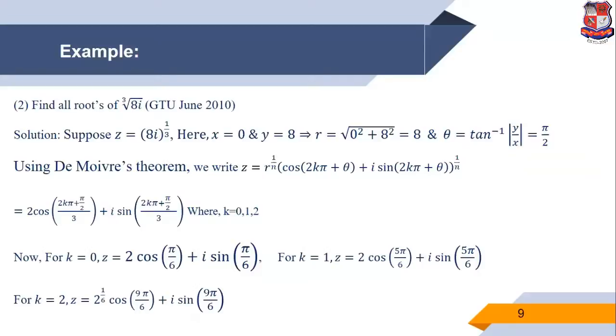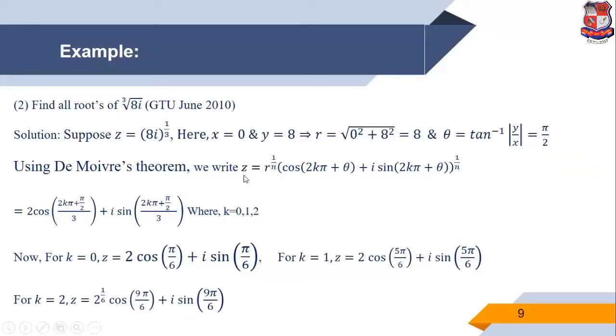In this form x is 0 and y is 8. So r is equal to the square root of 0 squared plus 8 squared, which is nothing but 8. And theta is tan inverse of y by x. y is 8, x is 0, tan inverse of infinity is pi by 2.